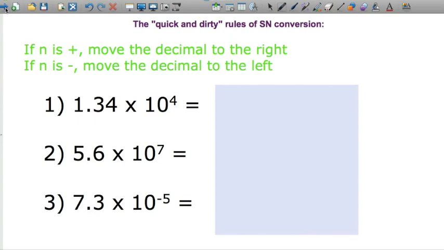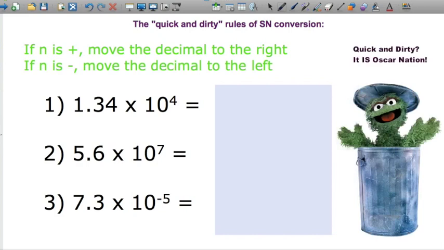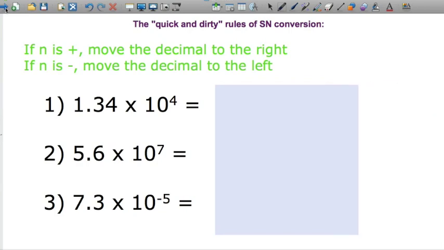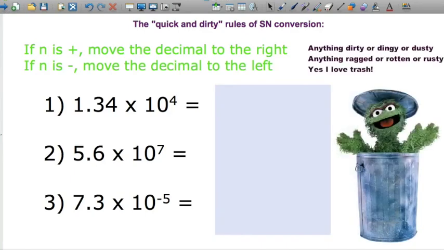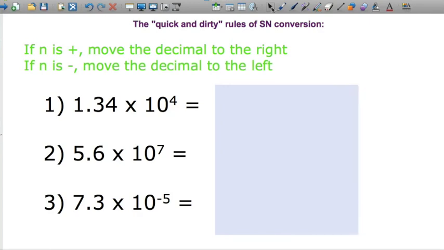So the quick and dirty rules of scientific notation conversion, in case you haven't been working with scientific notation much. Again, part of our little rewind here. If n is positive, so n referring to my index here on the 10, then what you're going to do is move the decimal to the right.